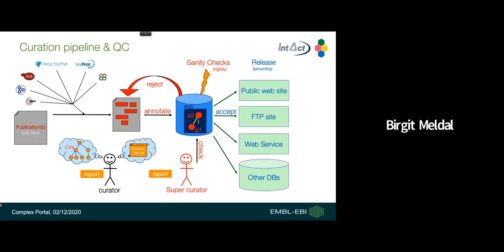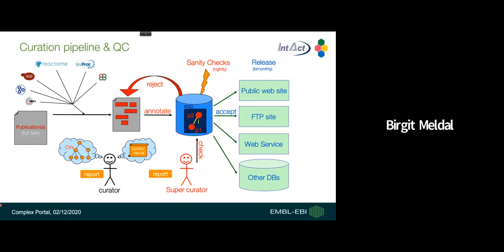Once the curator is happy with the entry, they'll send it for checking, and the second curator checks the entries and makes sure there are no mistakes, or it can create a discussion about how best to represent this complex, because sometimes complexes are rather complex.